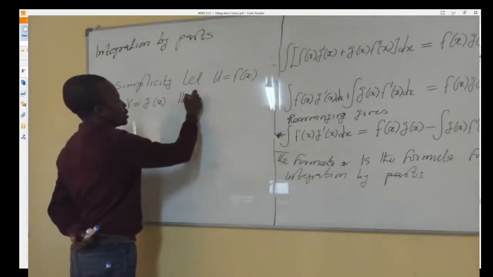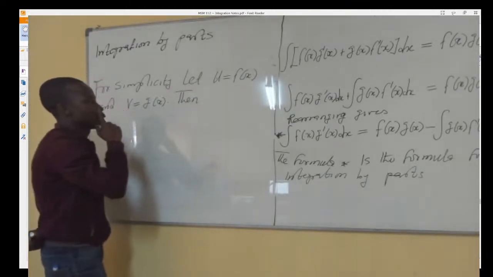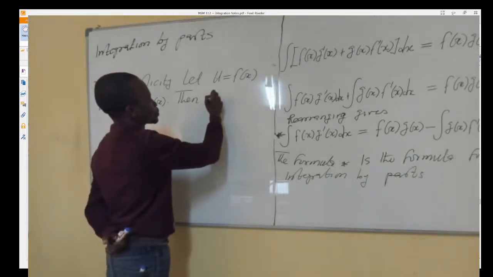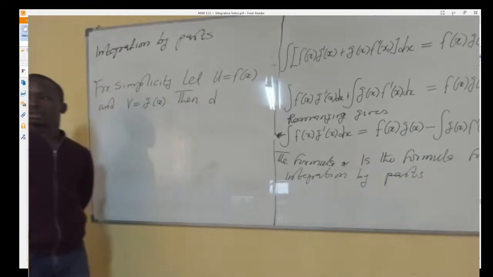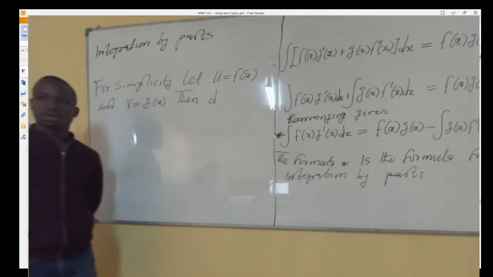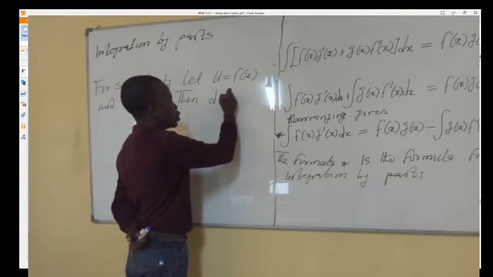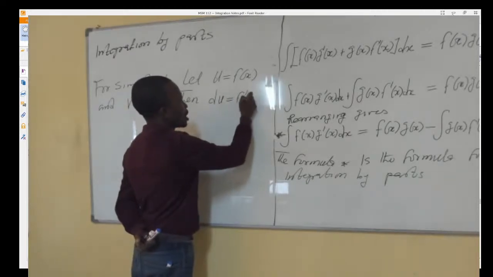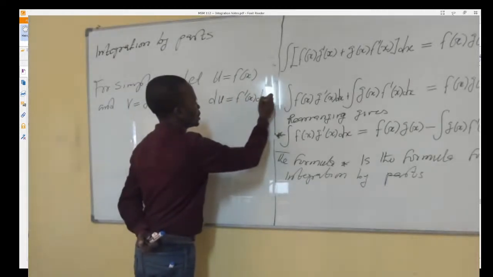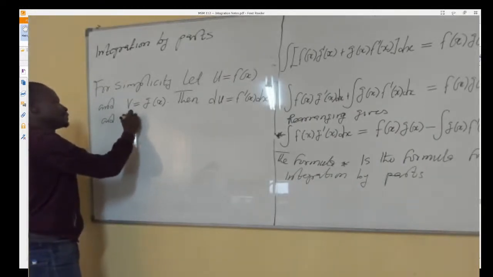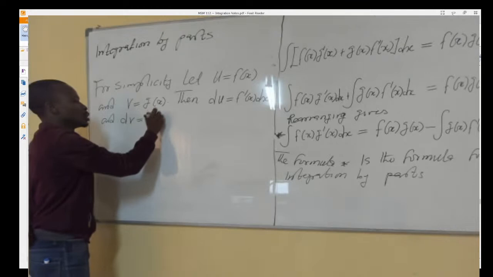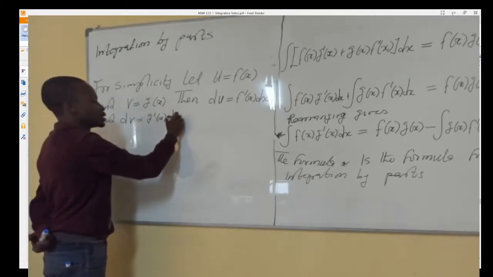Then your du will be equal to f prime of x dx, and your dv will be equal to g prime of x dx.